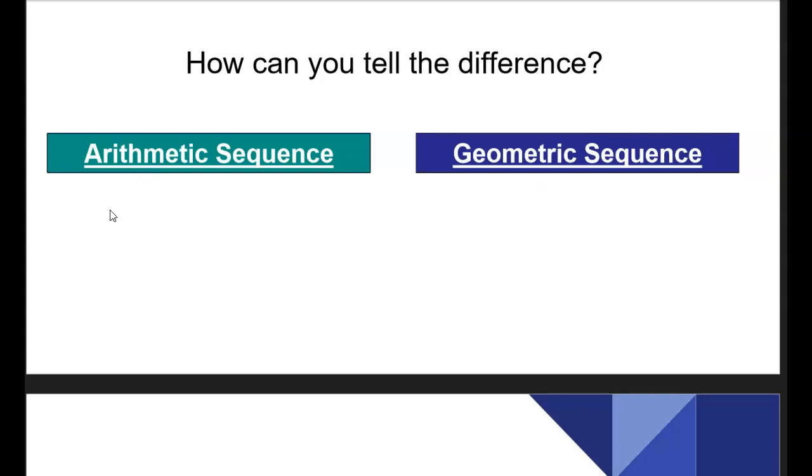So an arithmetic sequence was either add or subtract at each step. Do you remember what a geometric sequence is then? It was multiply or divide at each step. So we're going to look at arithmetic sequences today, these ones over here.